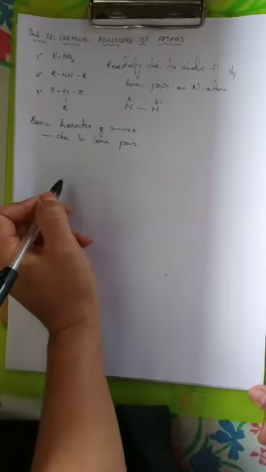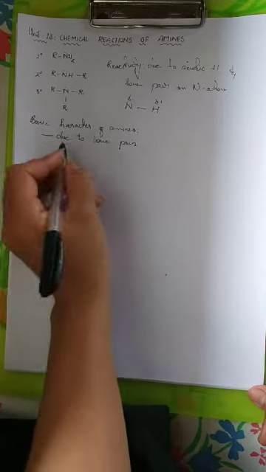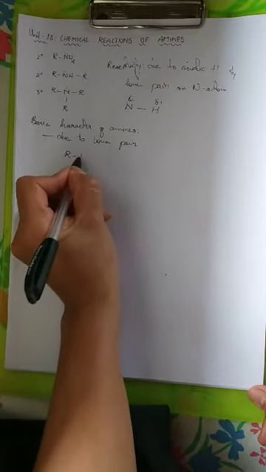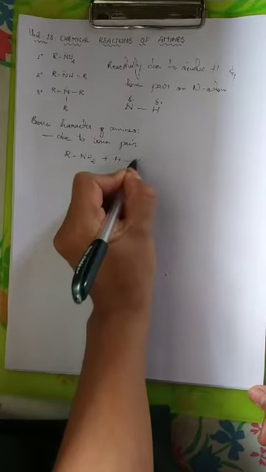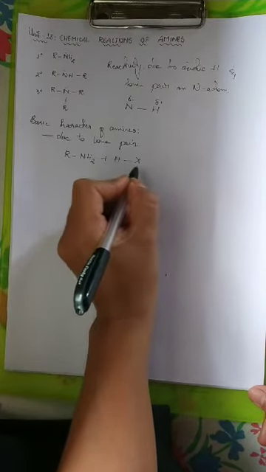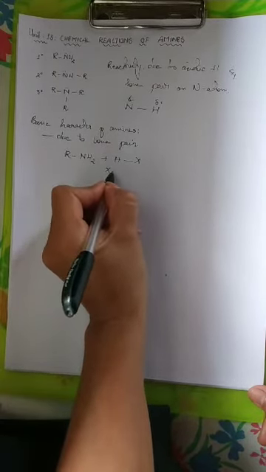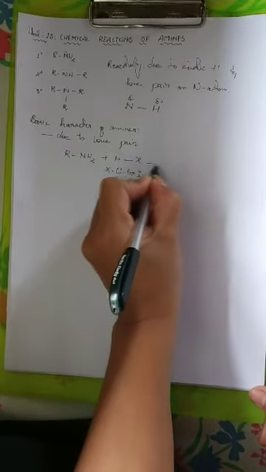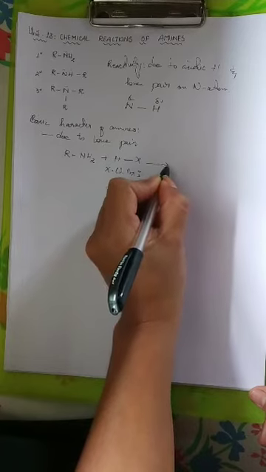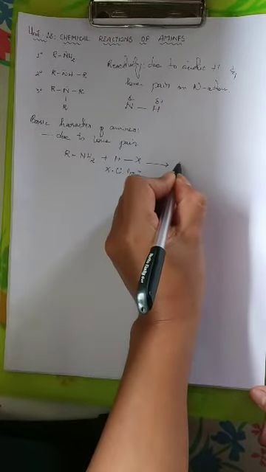We know that amines are basic in nature, therefore they react with mineral acids. Mineral acids can be of any halogen, X may be Cl, Br, or iodine, to give a salt.